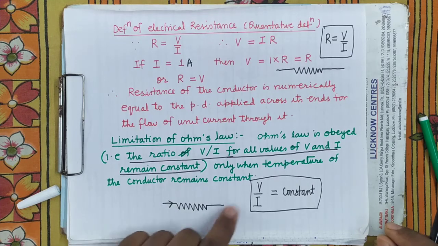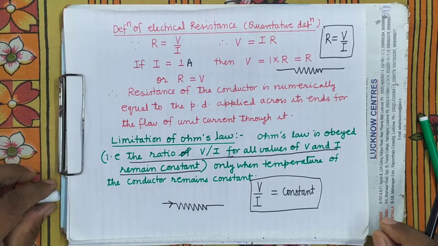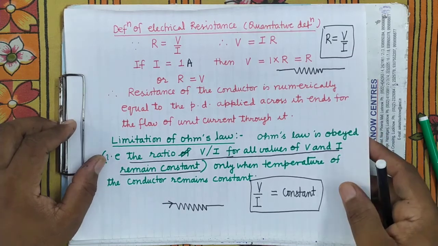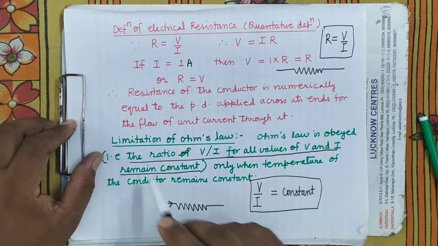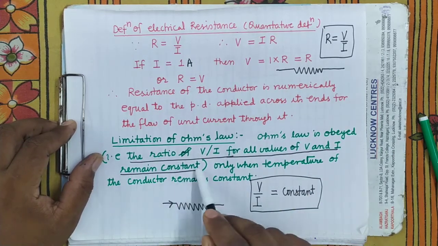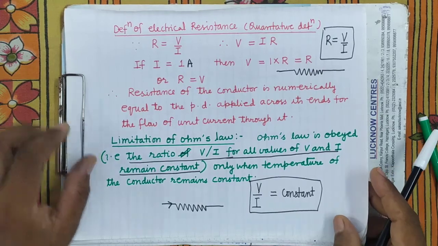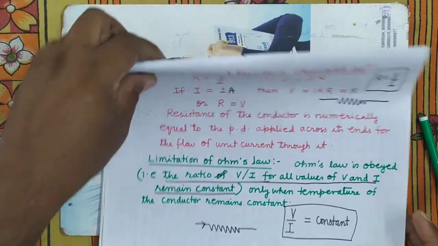Due to that heat energy, its temperature will change. So this is the limitation. But it has been found that the metallic conductor obeys this condition for a moderate range of temperature. At a very high range of temperature, the ratio will change.